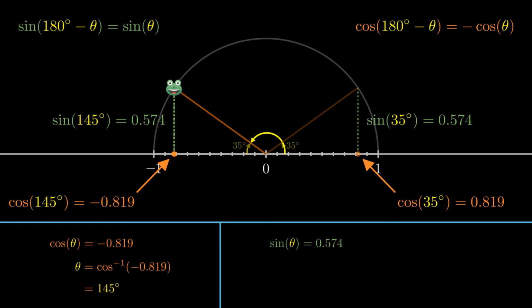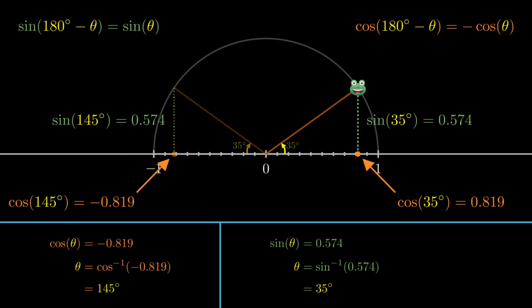Both would have achieved the same height of 0.574. But here's the tricky thing. If we punch the shift sine 0.574 thing into our calculator, it only tells us the first answer it sees, and that's the 35 degrees. It doesn't tell you about the 145 at all.